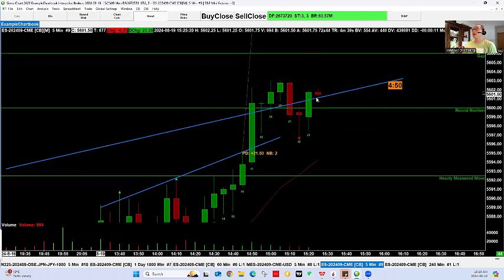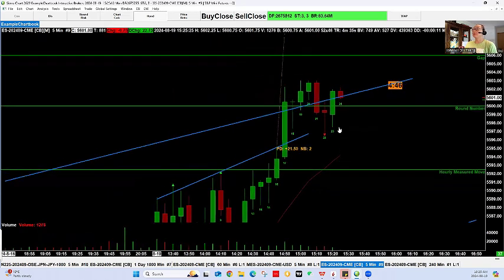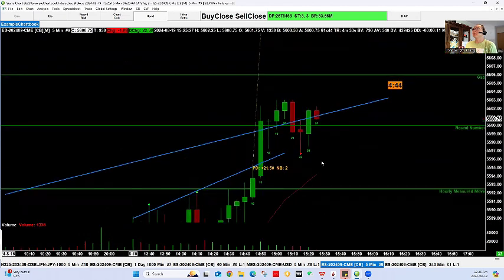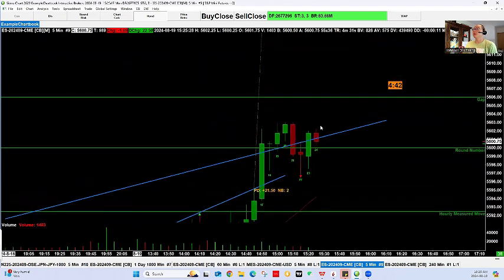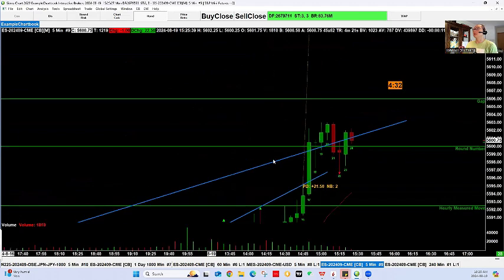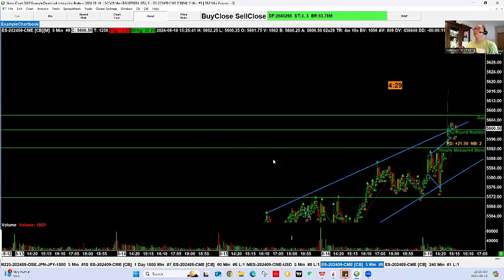First, a pullback after always in long. But need to be very careful. It can develop into a low or high double top at the round number. The round number is important resistance.